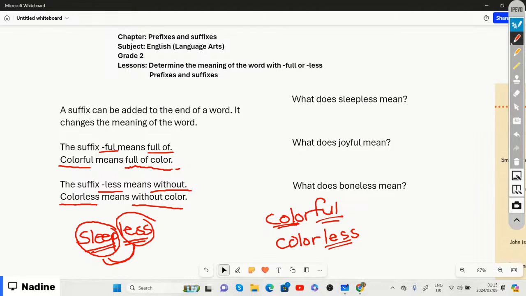I think the higher you go in grade, they will start talking about the root word, but for now they're just talking about the base word. Base is almost like a foundation that can stand on its own. So full means full of, and the suffix less means without.